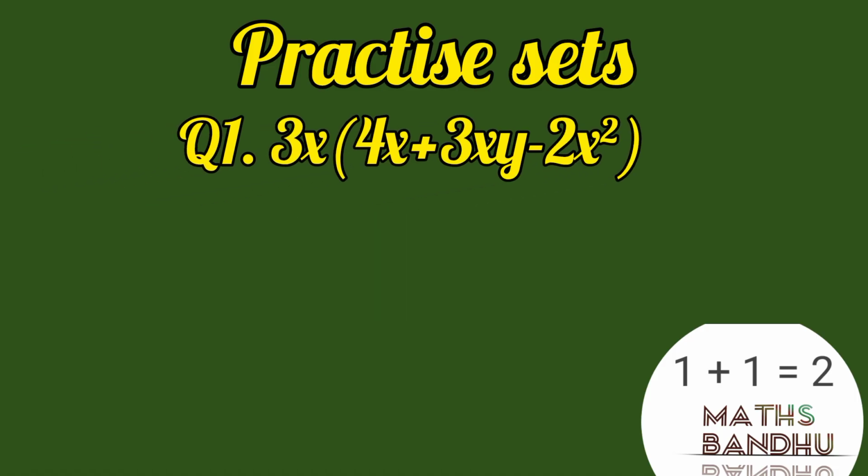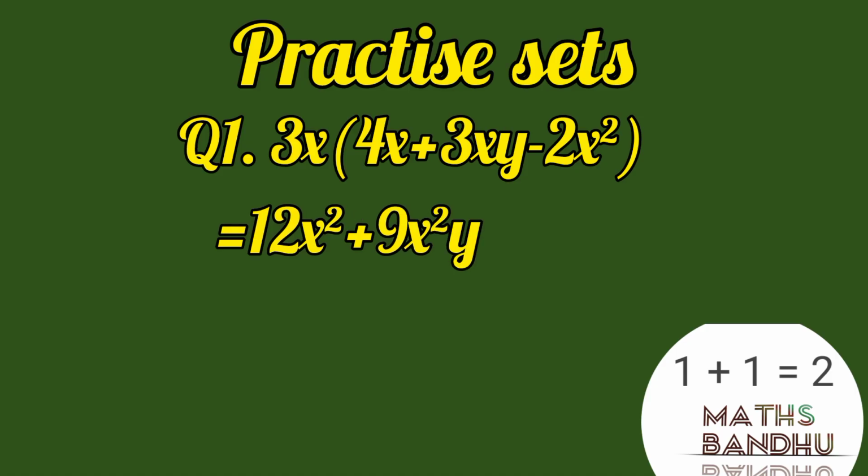So starting off with question number 1, 3x into (4x plus 3xy minus 2x square). Multiplying 3x with the first term inside the bracket: 3 into 4 gives us 12, and x into x gives us x square. So 12x square, plus 3xy into 3x: 3 3s are 9, x into x is x square, and y remains the same.